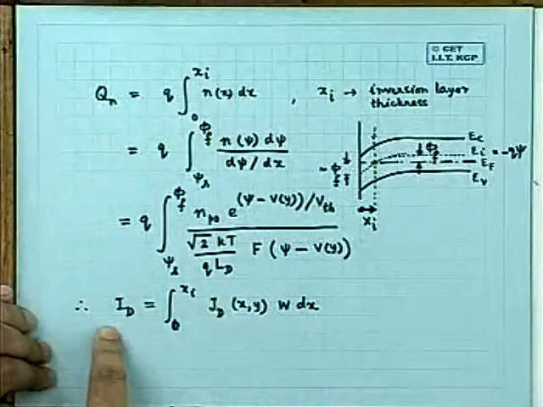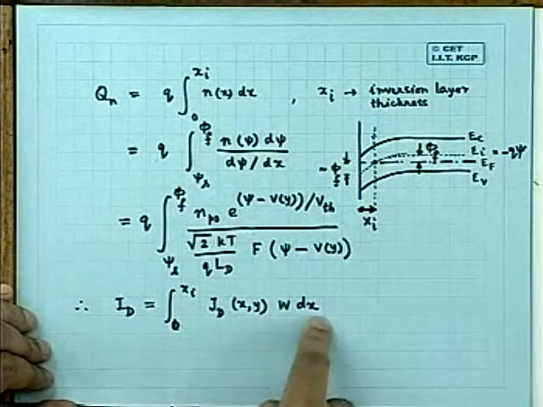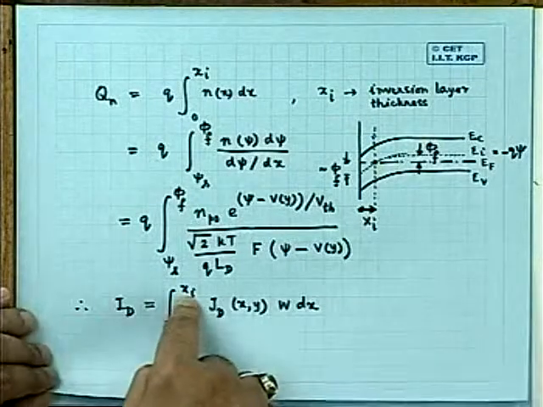So therefore, ID is simply given by JDXY W dx, integral dx from 0 to xi.